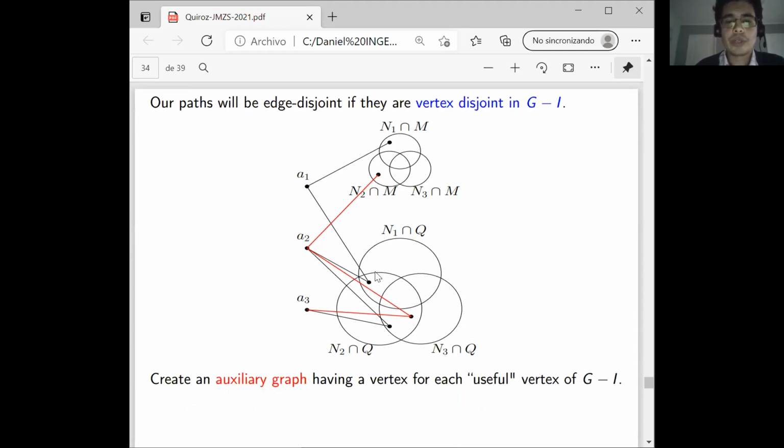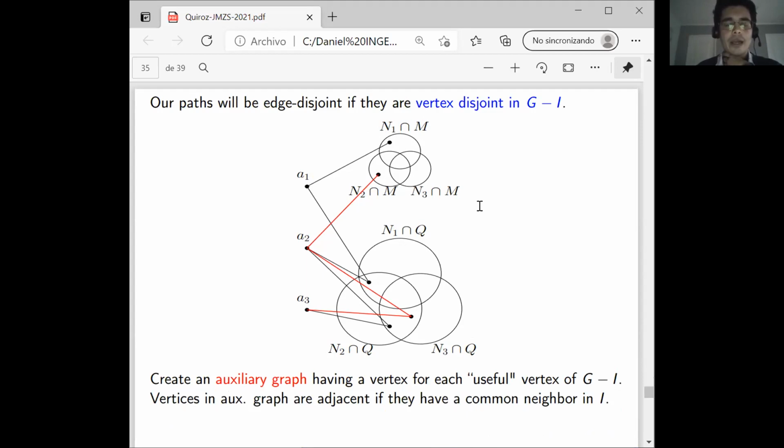So what we do is we create an auxiliary graph which contains all our useful vertices on this side of the graph, on G minus I. And what I mean by useful, well, we definitely need the ones in M, and we need the ones that are nice because they see two vertices in I, or at least two.